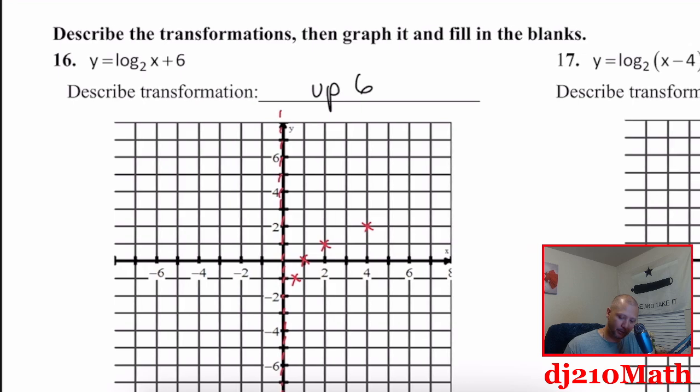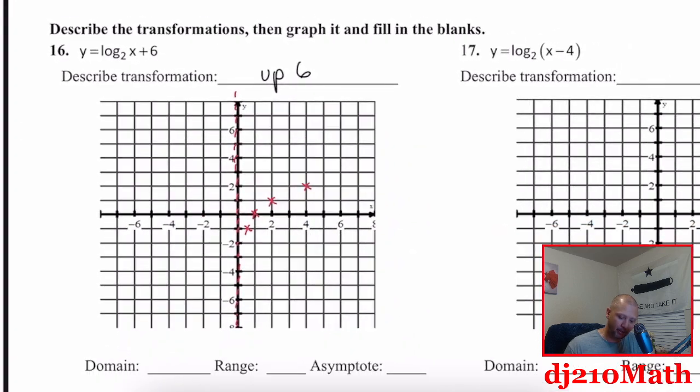Watch, because if you notice at 17, there's a hardcore difference between 16 and 17. 17 has these parentheses, which is definitely the inside part, and we say that the inside lies. It's opposite. Here in 16, there are no parentheses. If there were, this is where they'd be. So if there are no parentheses, that's on purpose. So all these little red X's are going to move up 6 places.